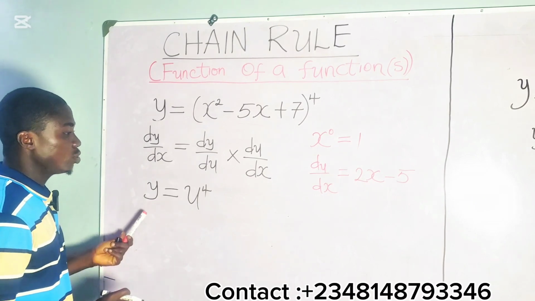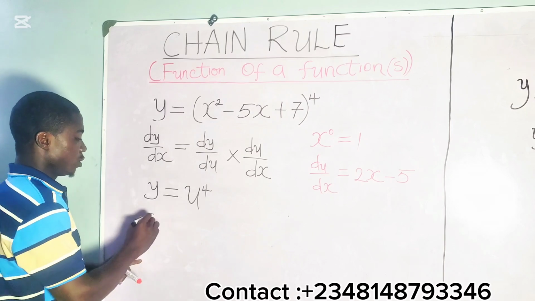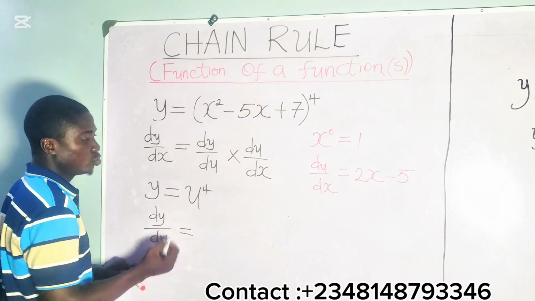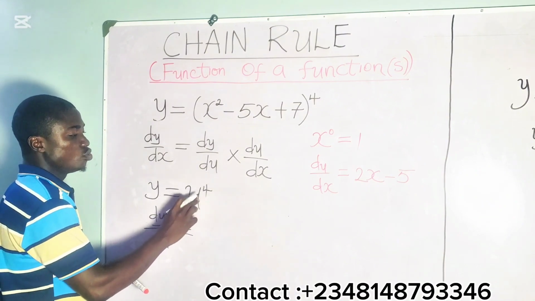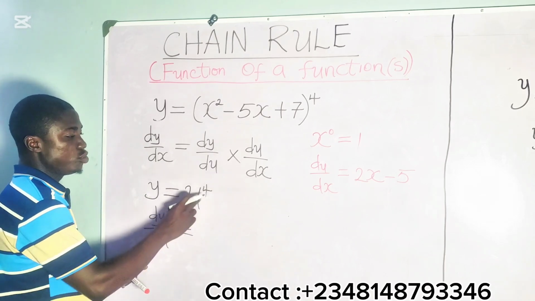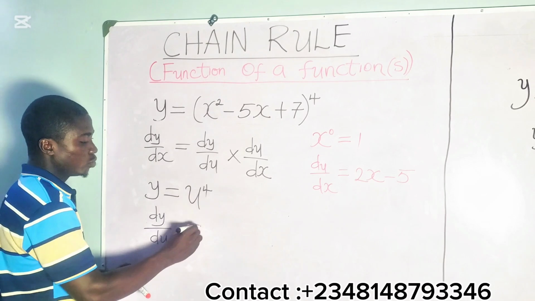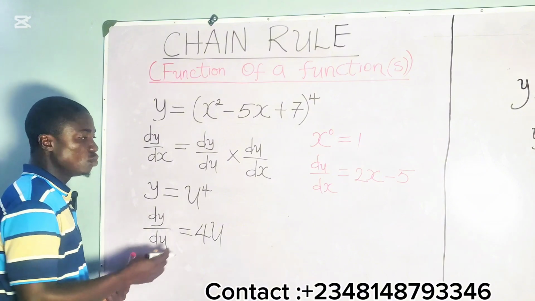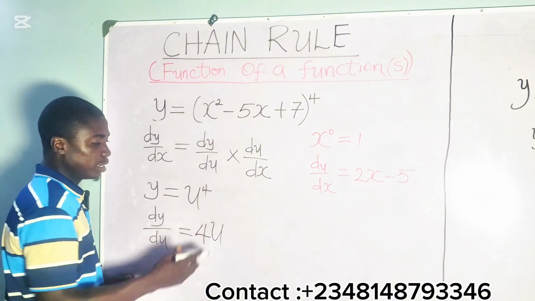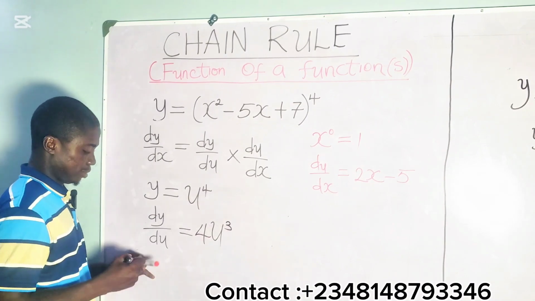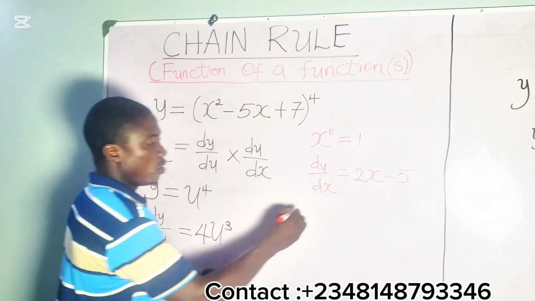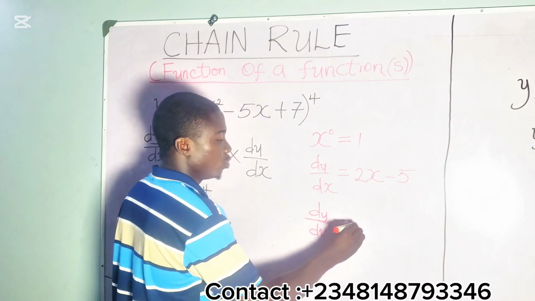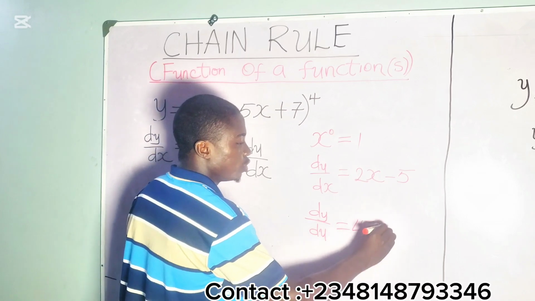So we are going to differentiate y with respect to u. So dy over du is equal to, if you differentiate u raised to power 4, you simply multiply u by its power, which is 4. So we have 4u, and then subtract 1 from the power of u. 4 minus 1 is 3. So we write 3 here. So therefore, dy over du is equal to 4u raised to power 3.